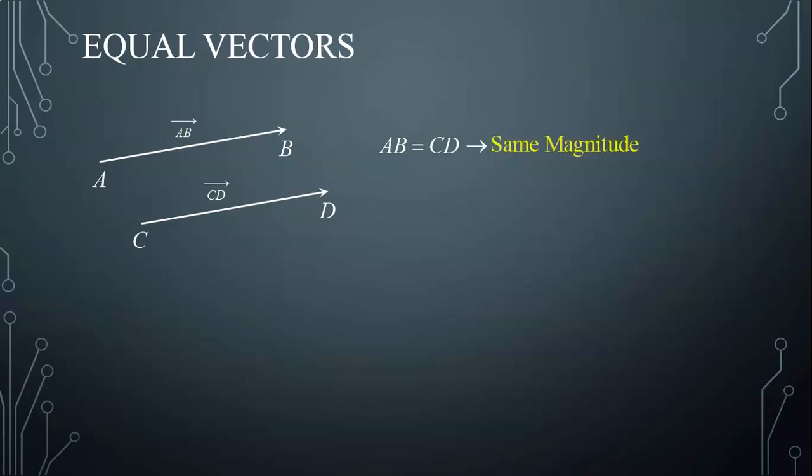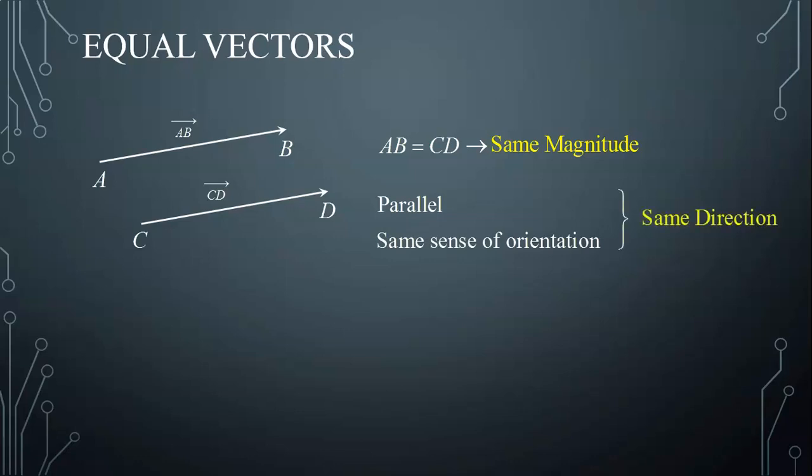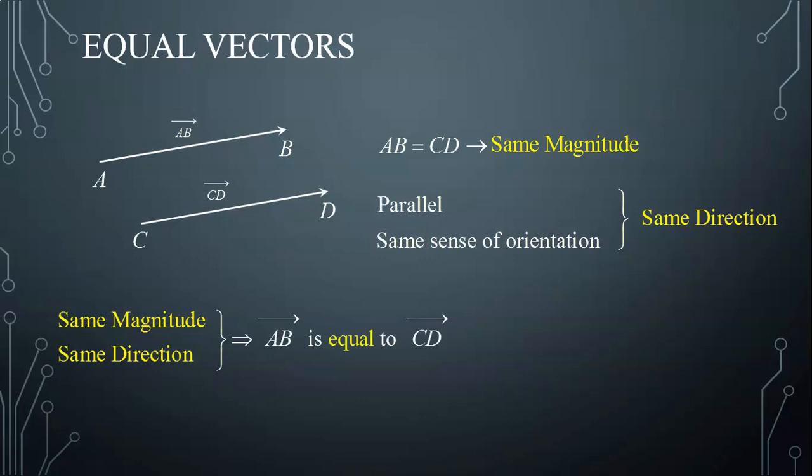Then the two vectors have the same magnitude. Additionally, they are parallel, and they have the same sense of orientation. Then the two vectors have the same direction. Same magnitude and same direction imply that the two vectors are equal, which we denote by vector AB equals vector CD.